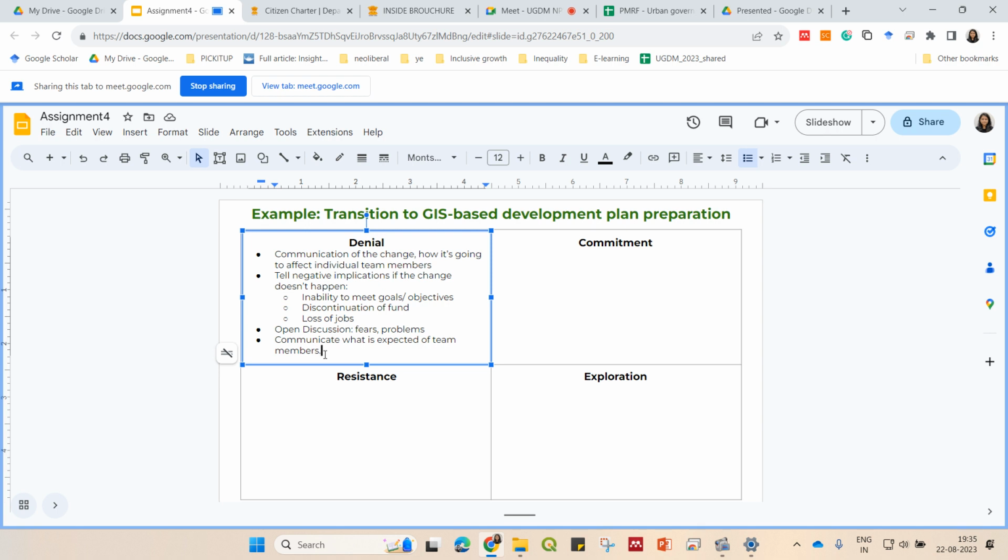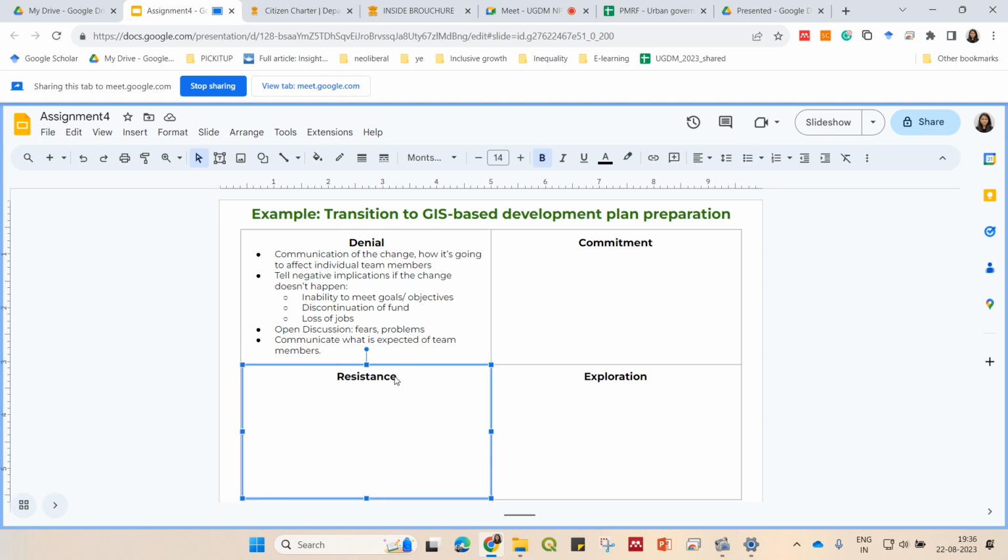Maybe you can talk to the IT department in regards to that, what resources you can access, what is expected of you, or from one particular person. So in one-to-one discussions, these things can come up. For each particular member of the team, you can discuss what is expected from them and how they can contribute to this particular change.